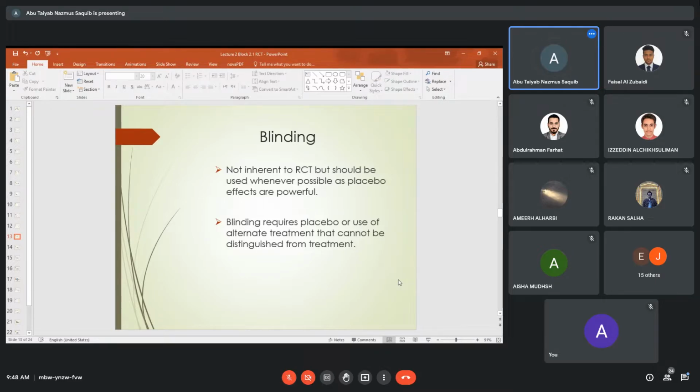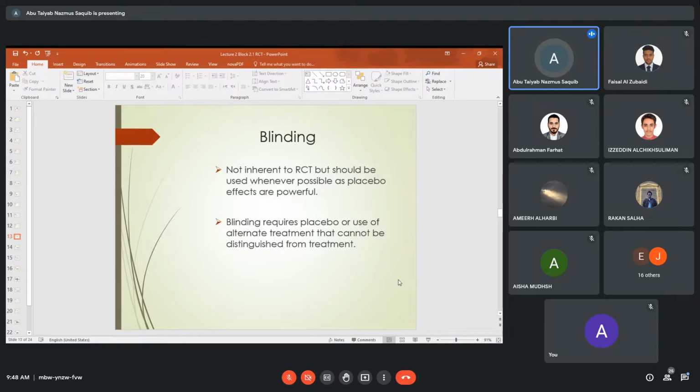Whatever the outcome you are assessing, the outcome assessor should not know whether this person is from the intervention group or the control group. They must not know. And this not knowing the group status is called blinding. Why? Because if we don't maintain the blinding, we introduce bias.